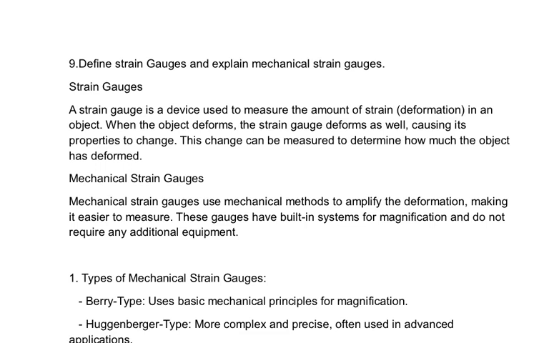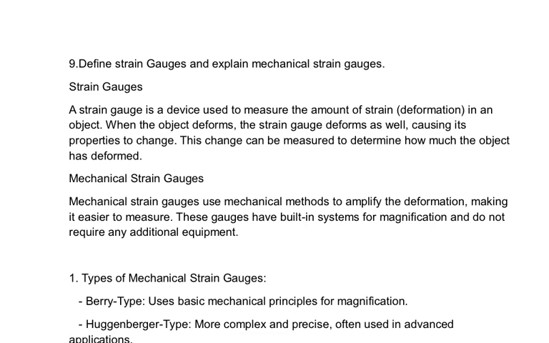Mechanical strain gauges use a mechanical method to amplify the deformation, making it easier to measure. These gauges have a built-in system for magnification and do not require any additional equipment.